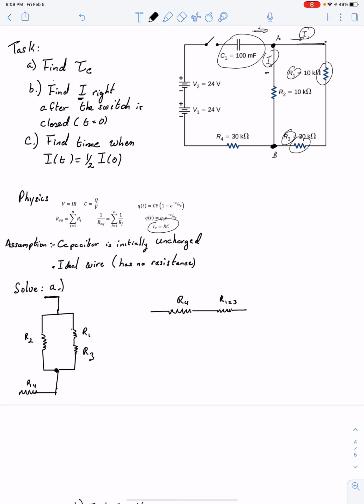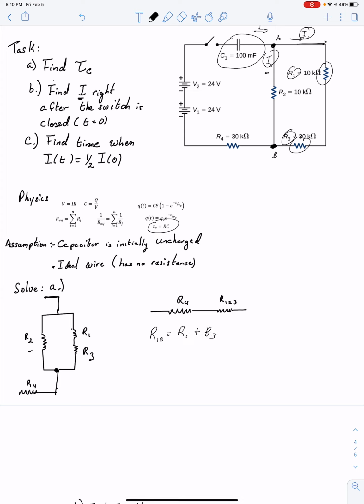This, since it has a different current right here, is its own entity, and these two sides are considered in parallel. Thus, if we do an analysis, let me just rewrite this as R13 equals R1 plus R3, right?